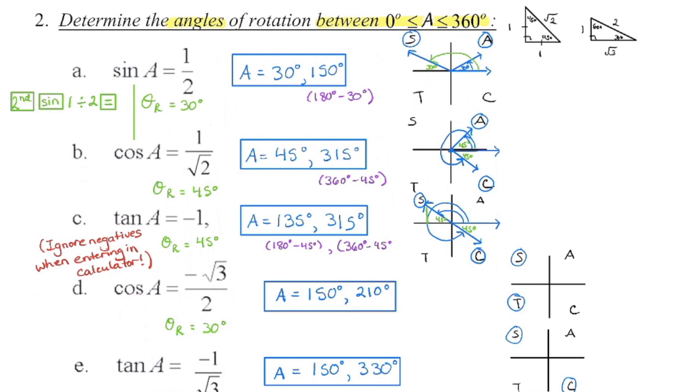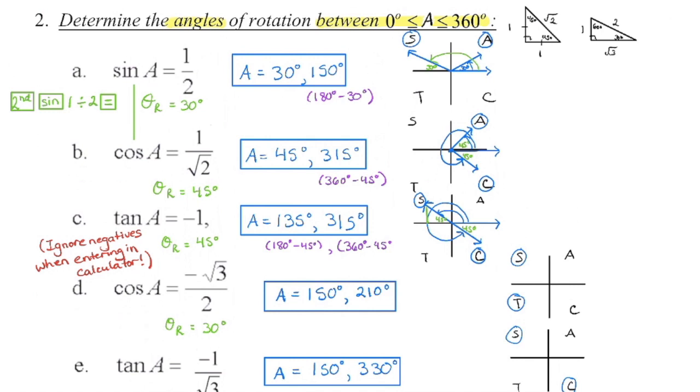And so then we can see in quadrant 1, the reference angle is just the angle of rotation. In quadrant 2, if this is 30 degrees, we're going to go 180 minus 30 degrees, which means that we have a 150-degree angle of rotation. So those are the two angles between 0 and 360 degrees given that ratio.